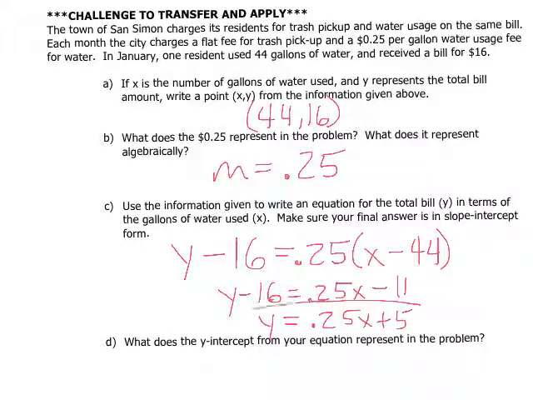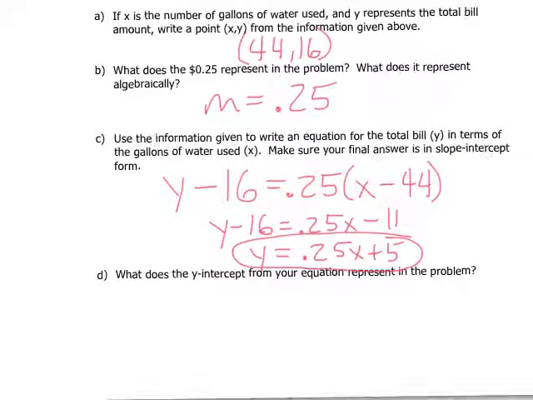That looks a little more familiar because I have y by itself. So now part D: what does that y-intercept represent in my problem? Remember, the y-intercept is always the initial value, and usually I'm given that initial value. This time I'm not given it. Flat fee for what? Trash pickup, right?